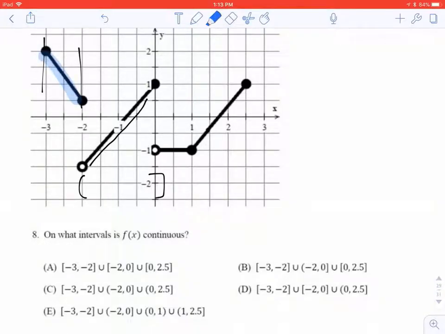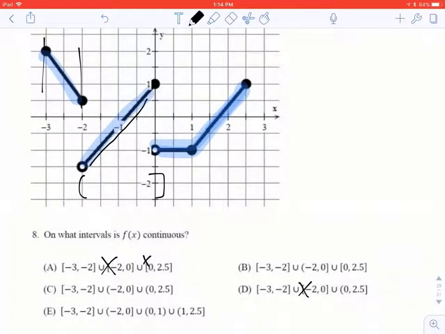It's continuous here, here, and here. So that middle interval goes from -2 to 0. Does not include -2. But that one does, so that's not right. It does include 0, which the rest of those 3 do. And then it's continuous from right after 0 to 2.5. So this is wrong because it should be open.